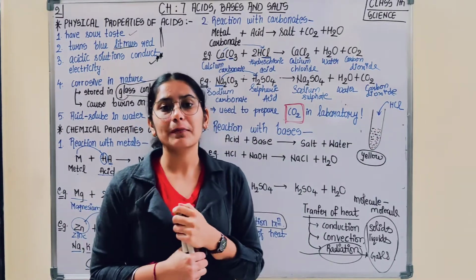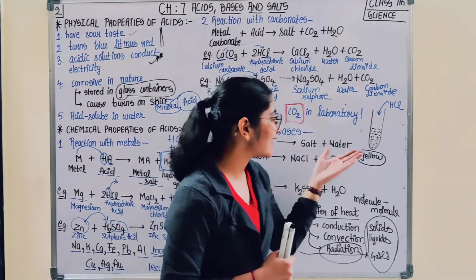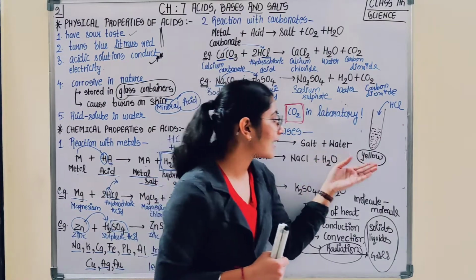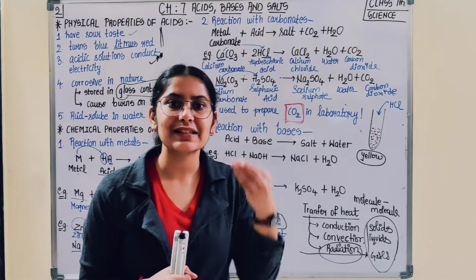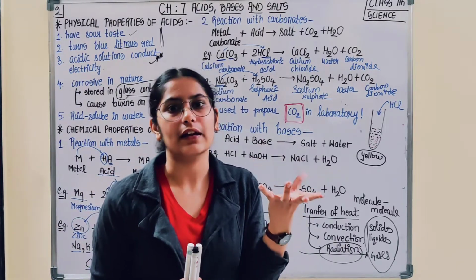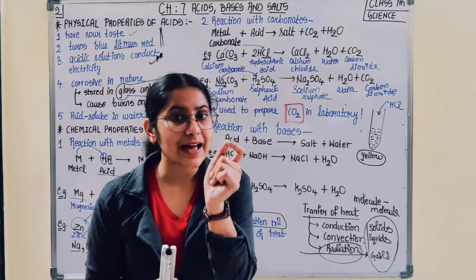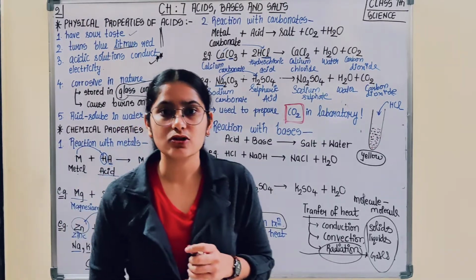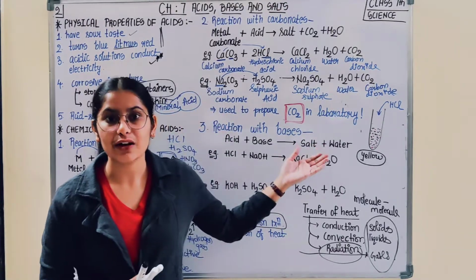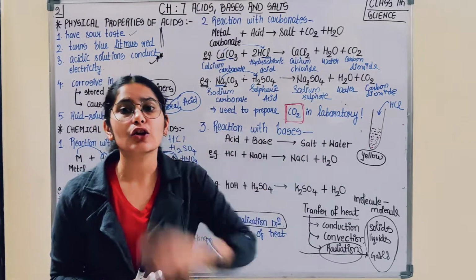And one stage would be reached when you observe that the yellow color intensifies and ultimately turns into pink color. Now, this is the time you have to stop adding the HCl. Why? Because this shows that all the NaOH has been neutralized.